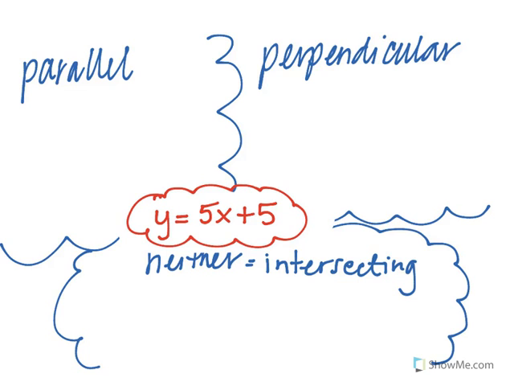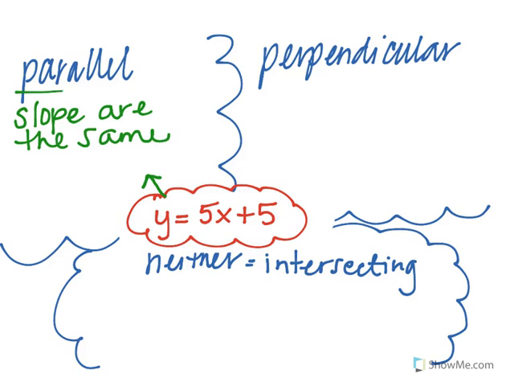If we wanted to find a line that was parallel to the line y equals 5x plus 5, we learned that parallel lines have slopes that are the same.